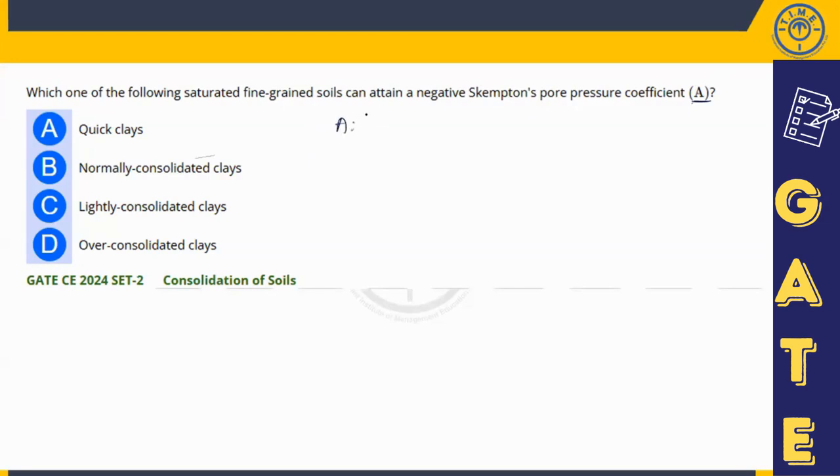It is very large, of the value 2 to 3 for saturated fine sand, that is for very loose soils. A ranges 2 to 3.